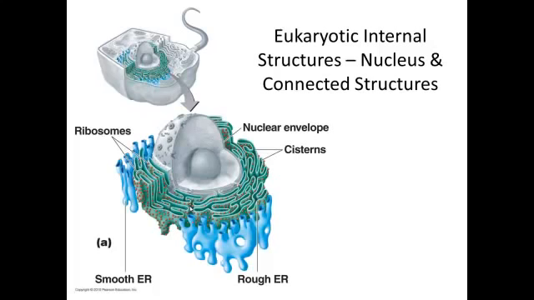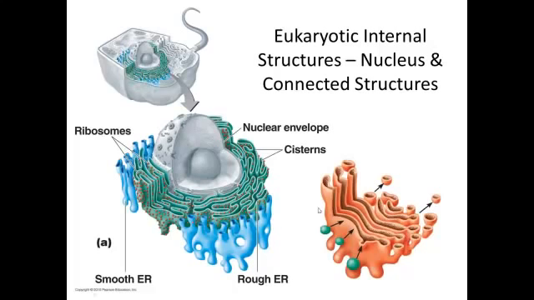They're either going to be shuttled out to the plasma membrane, or they're going to be used in membrane-containing organelles inside of the cell. Now the smooth ER has all sorts of enzymes in it, but we can't see them. They're too small for most of our microscopes, and the job of the smooth ER is to make lipids and carbohydrates.